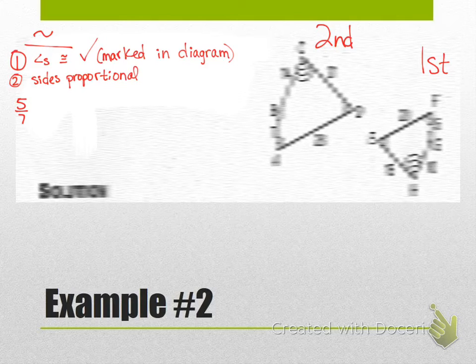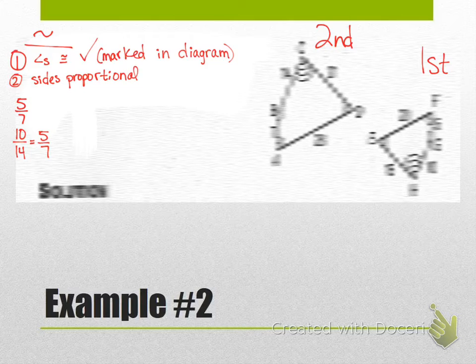What is the next biggest side of our first figure? 14. Careful. Remember I said this one, FGHE, is going to be my first one. 15. Careful. 10. Okay. So we're going to match 10 up to 14. And then that can reduce. They're both divisible by 2. Reduces to 5/7. That's what we wanted.